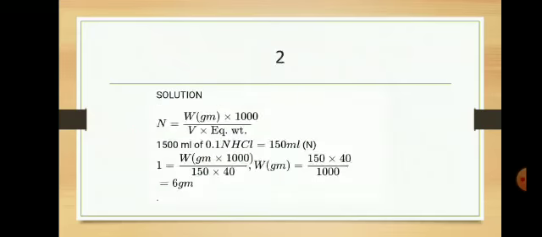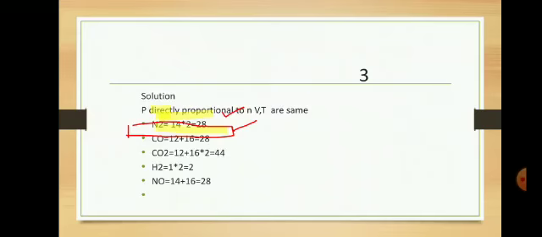Option A. The solution: pressure is directly proportional to the number of moles when volume and temperature are the same. N2 is equal to its molar mass into the number of molecules in it. 14 into 2 is equal to 28. CO is equal to 12 plus 16 is equal to 28.